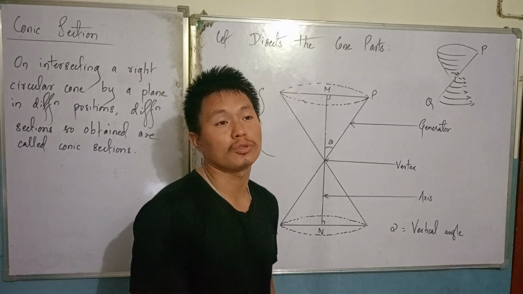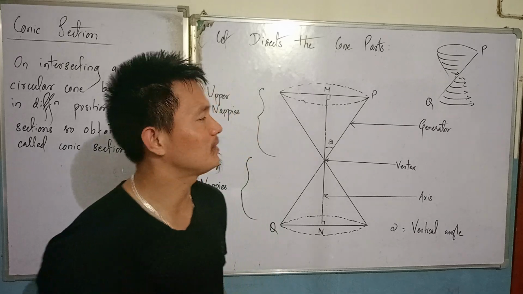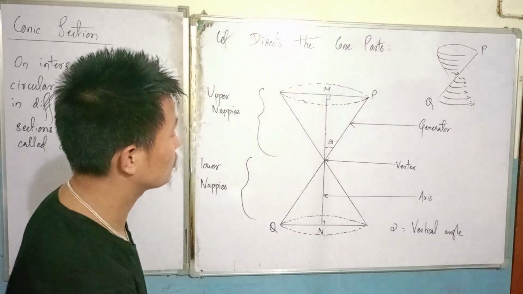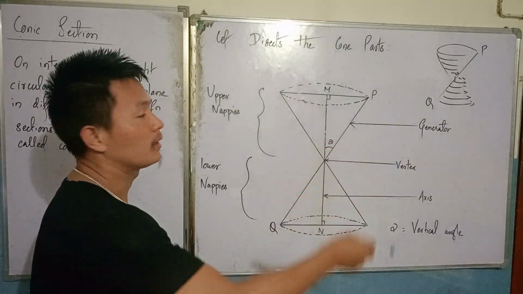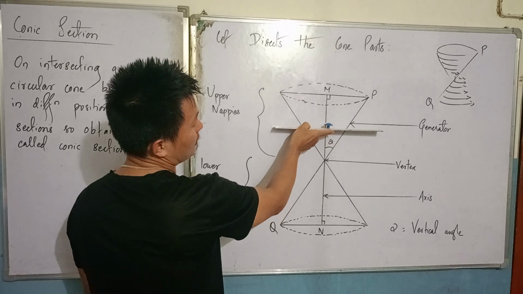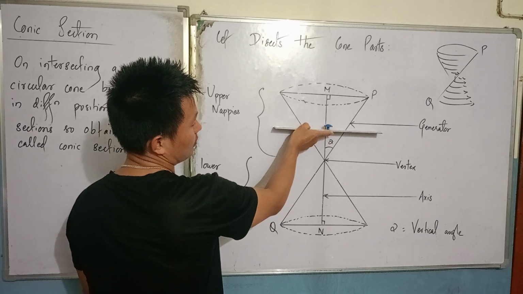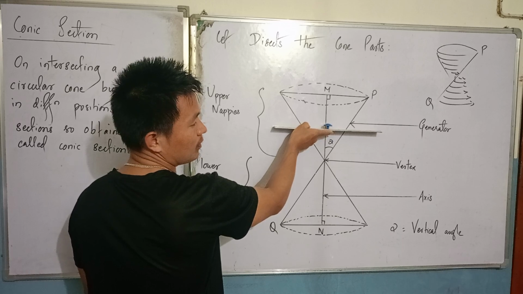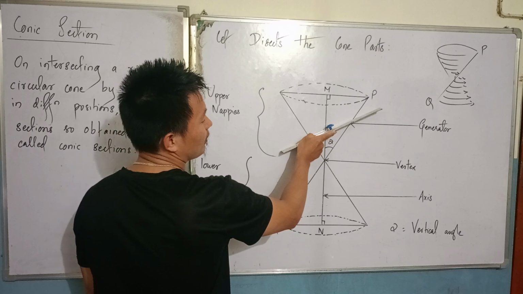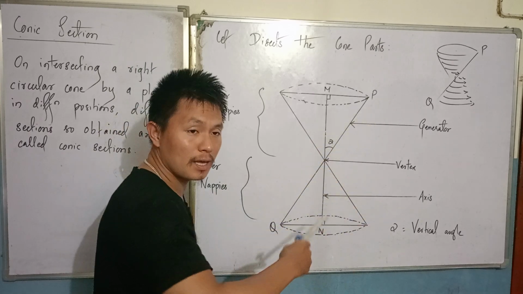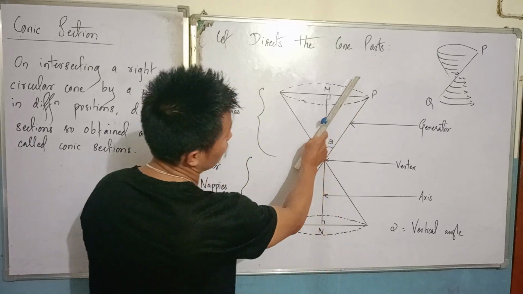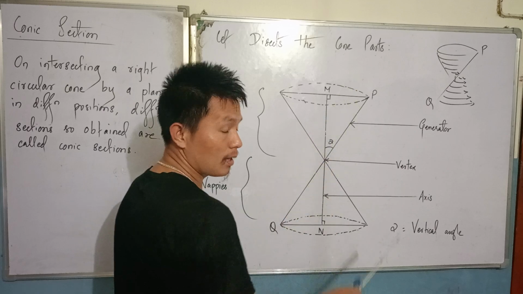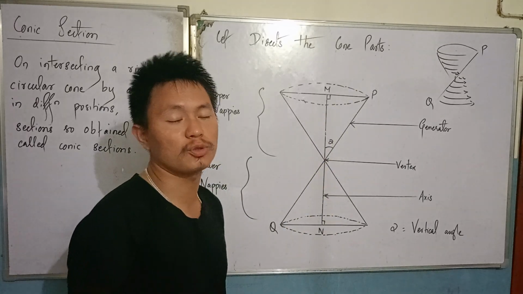So in other words, to make it more clear, let's see. So this is a cone. You have seen a cone there. If I take this as a cutting plane, if I cut in this way, then it forms different conic sections. If I cut this cone in this way, then it forms other conic sections. If I do it this way, just parallel to the PQ, if I cut this, then another section will be formed.